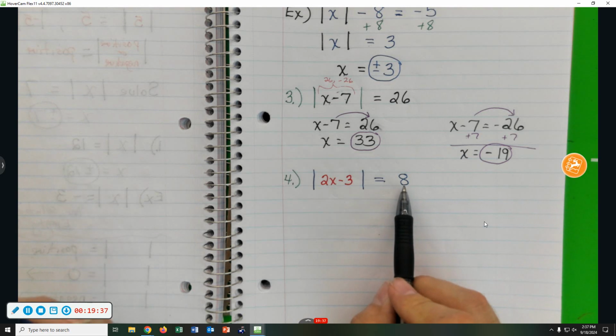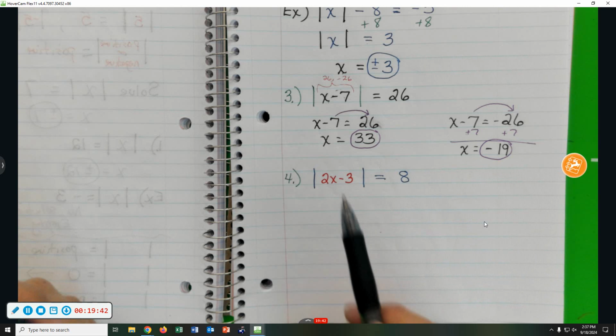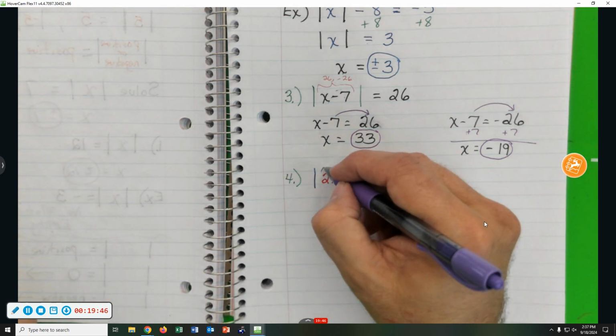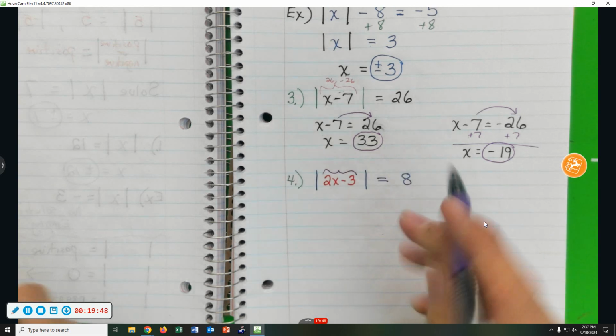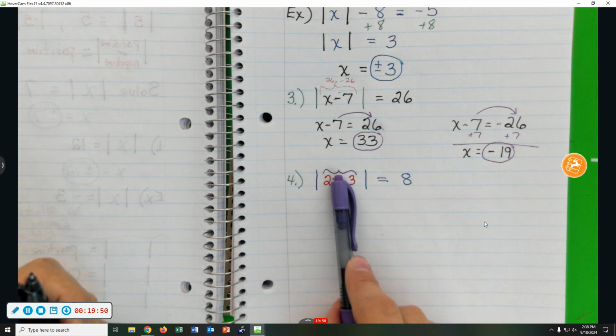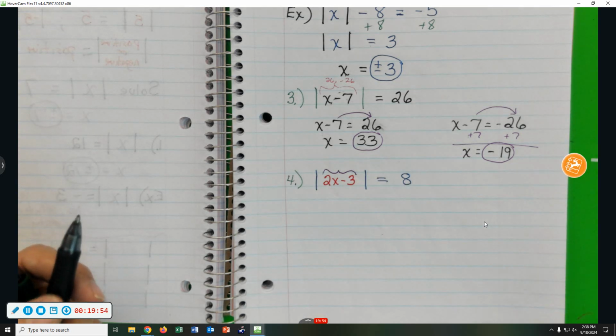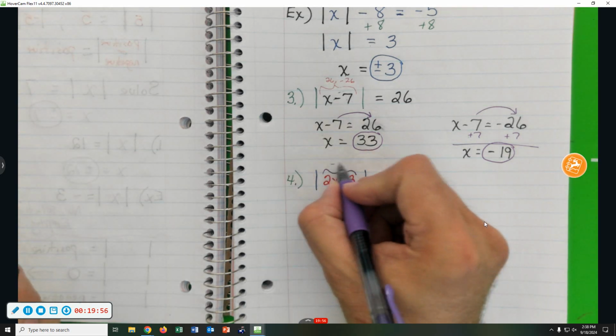So the number on the right is a positive 8. So what's my thought process? What are the only two numbers? If I covered up that red 2x minus 3, what are the only two numbers that have absolute value equal to 8? Negative 8 and positive 8.